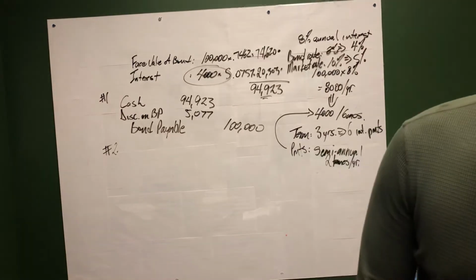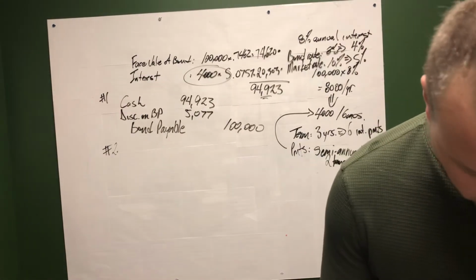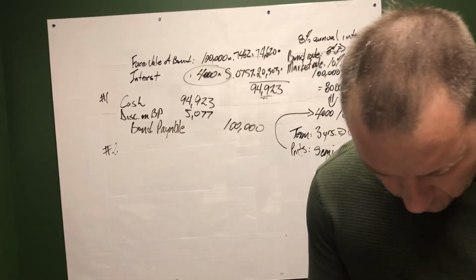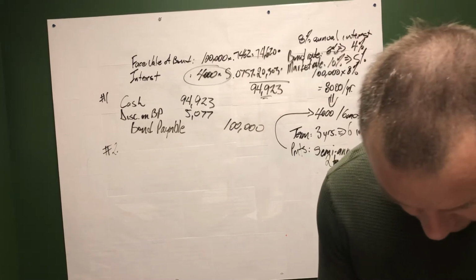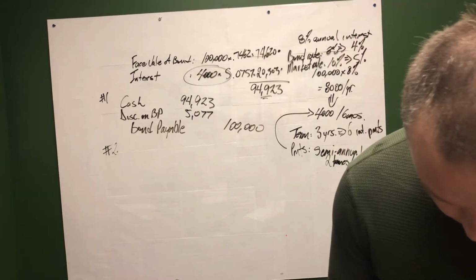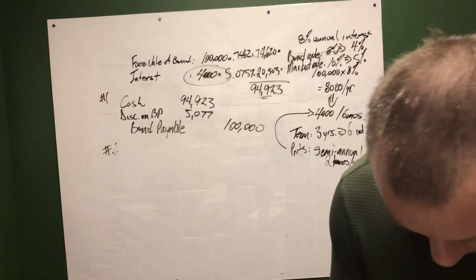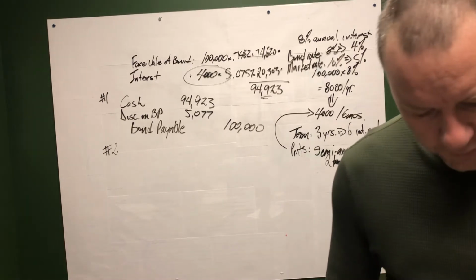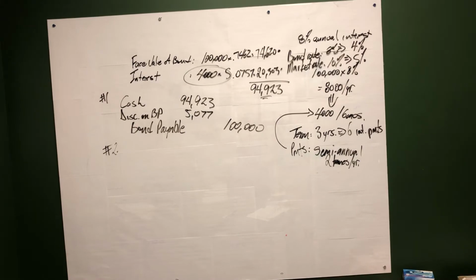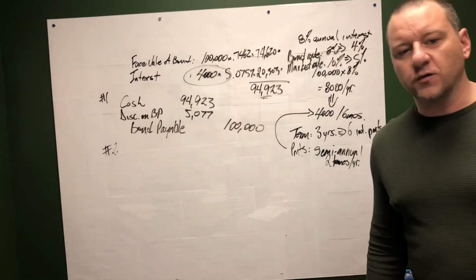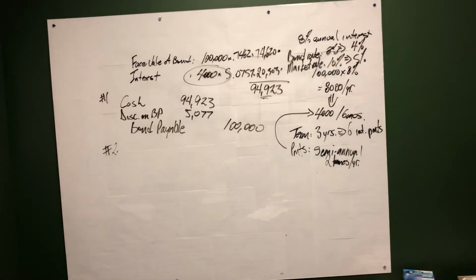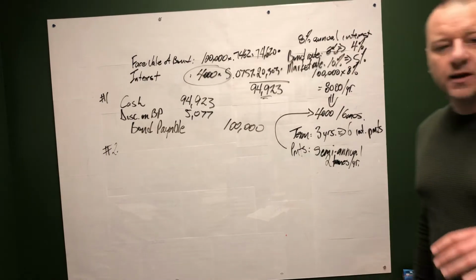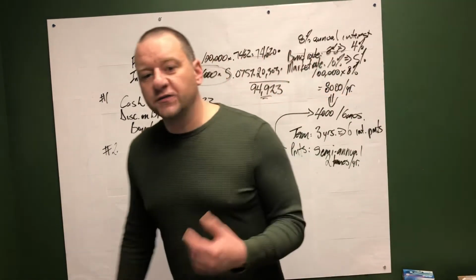So if we go back to our textbook, on page 932, we're using the effective interest method. That method allocates bond interest over the life of the bonds in a way that yields a constant rate of interest.